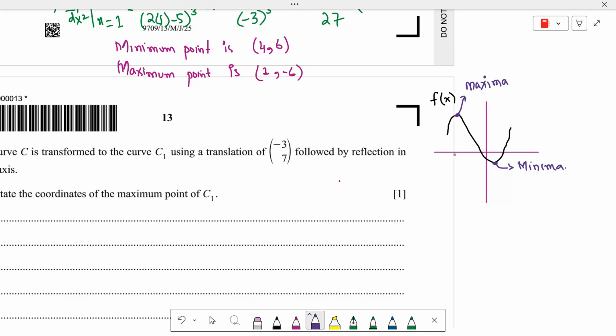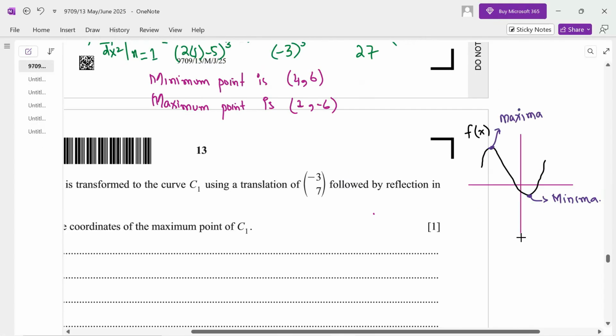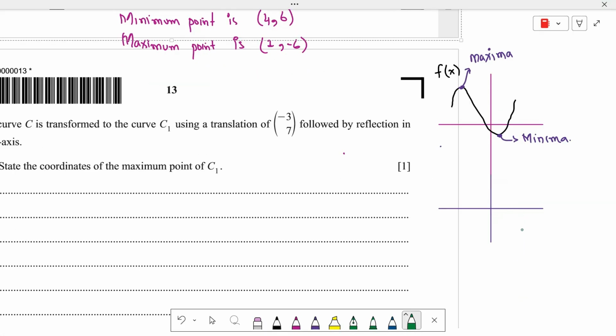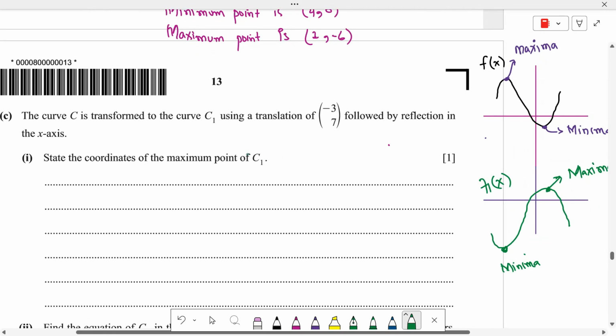When the curve or any function undergoes the reflection in the x-axis, it becomes like this, and this is f1 of x, and the maxima has been converted to a minima, and this minima has become a maxima after undergoing the reflection in the x-axis. So we can say that the maximum point of C1 will be the minimum point in C.